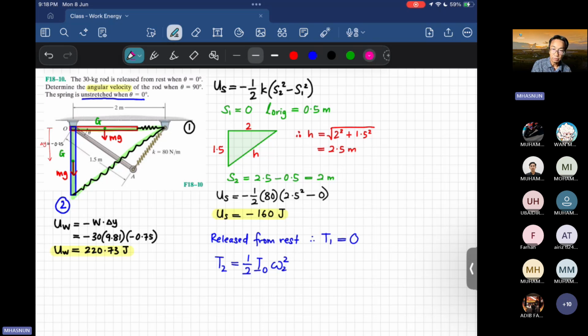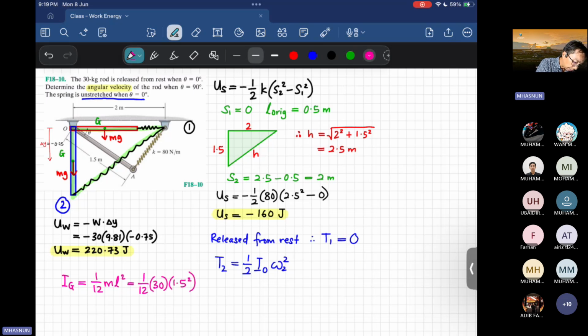So this is a rod, a slender rod. You can refer to the table that I gave you in the previous class. So IG for a slender rod is basically 1 over 12 ML square. So we have here 1 over 12, M is 30 kg and L is 1.5 square.